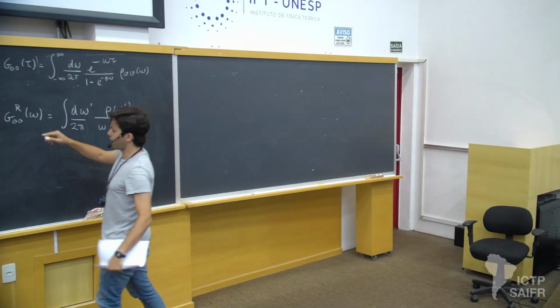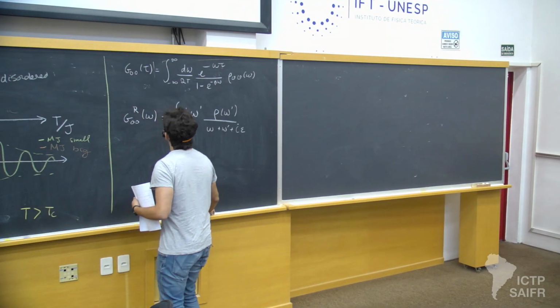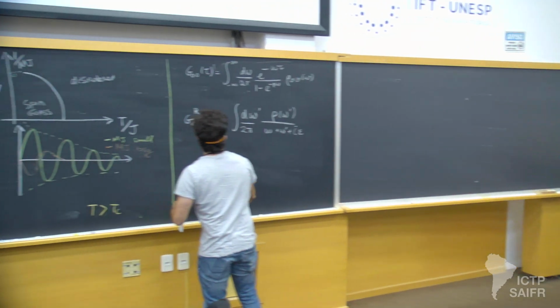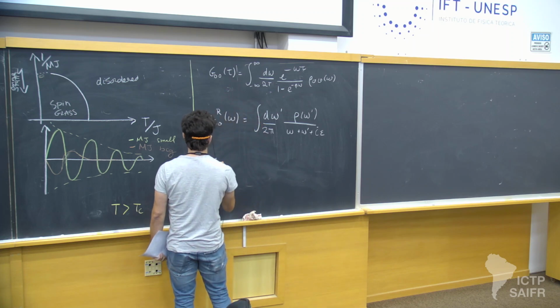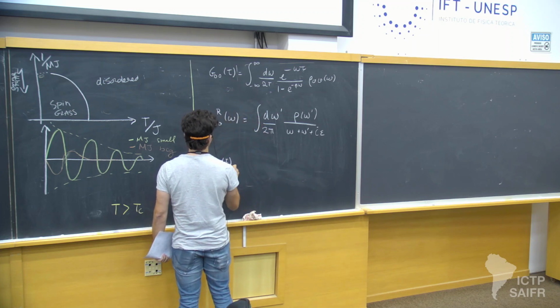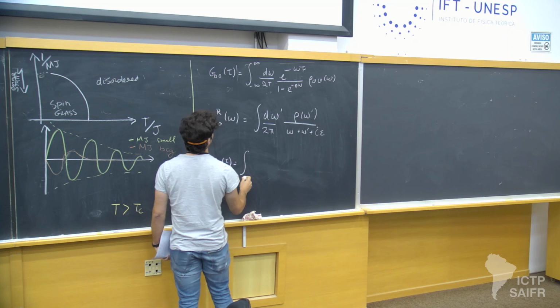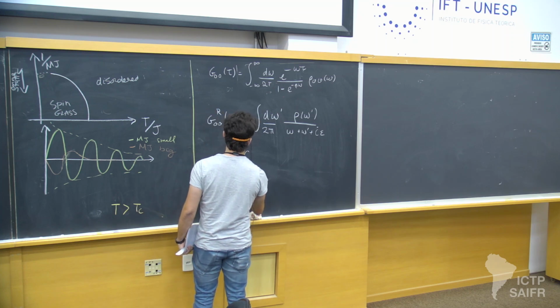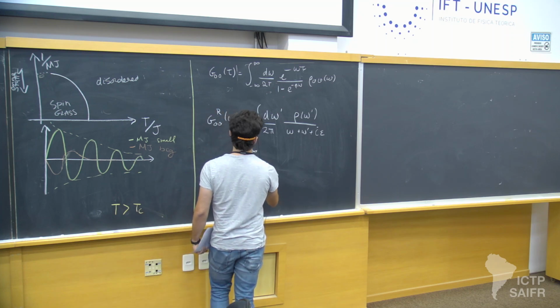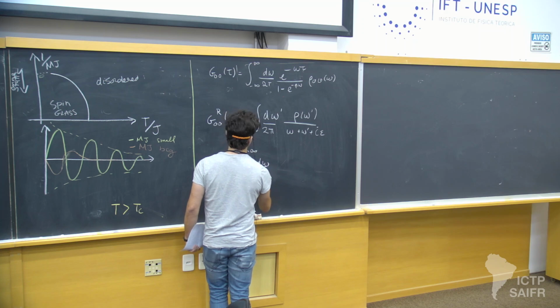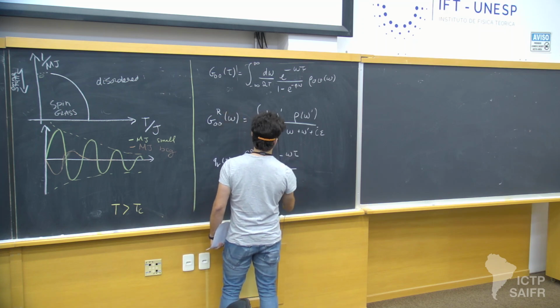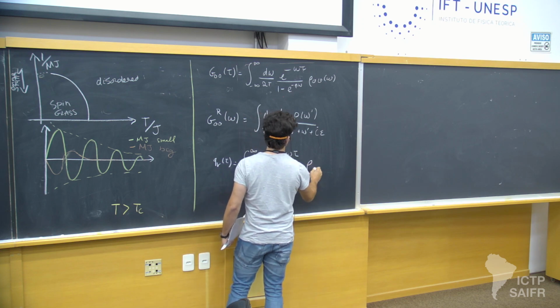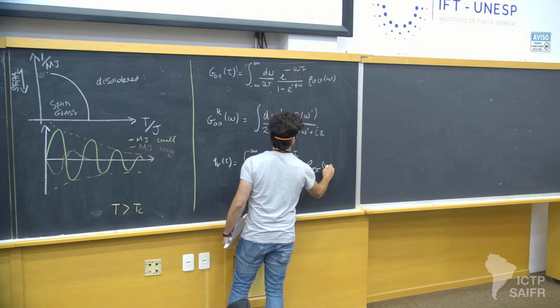So now let's imagine plugging in here. Let's do this for Q_R of tau. Q_R of tau is equal to the integral from minus infinity to infinity of d omega over 2 pi, e to the minus omega tau, divided by 1 minus this Boltzmann factor, rho, and then sigma of omega.